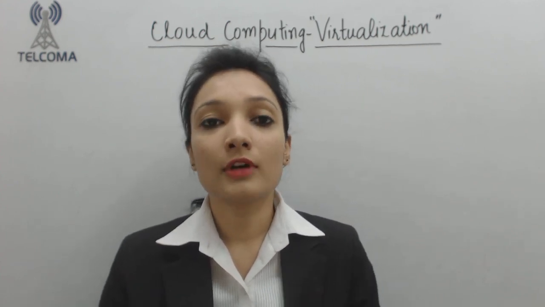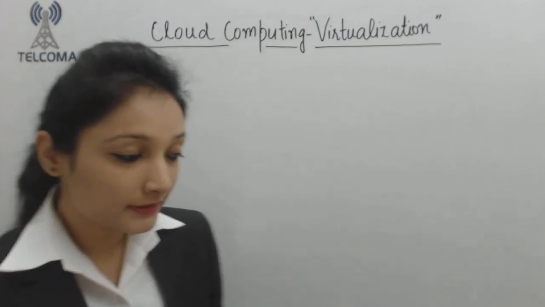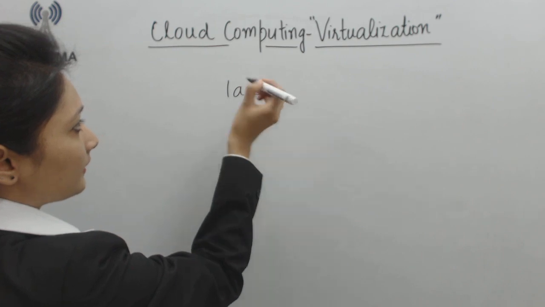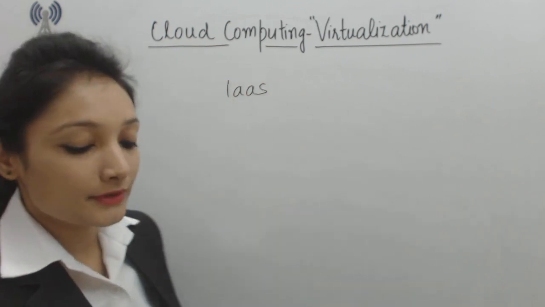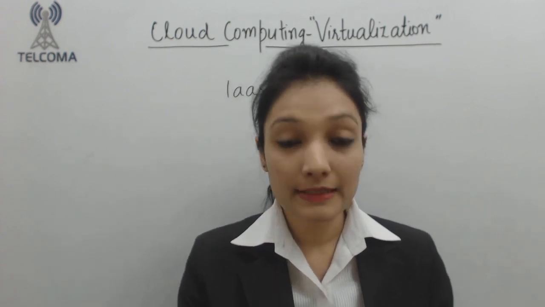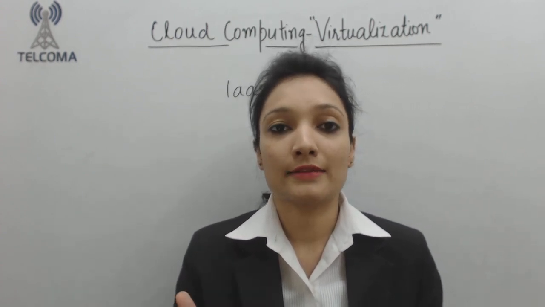So infrastructure as a service means it is providing you the network infrastructure, that is the various physical machines or virtual machines. This part, the infrastructure as a service model of your cloud computing, is enabled by virtualization.